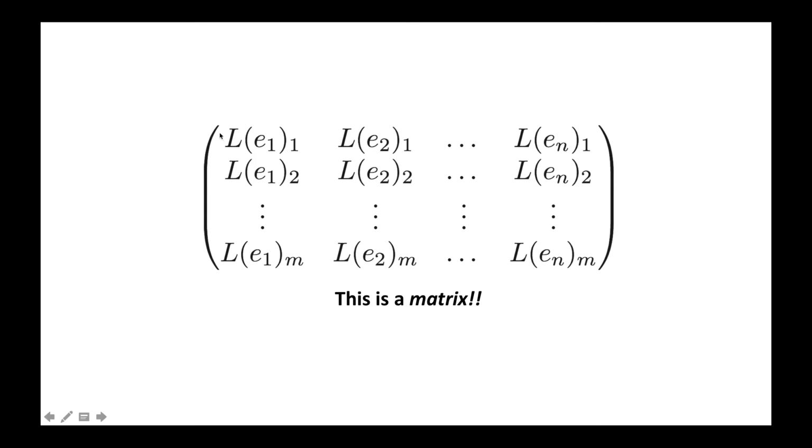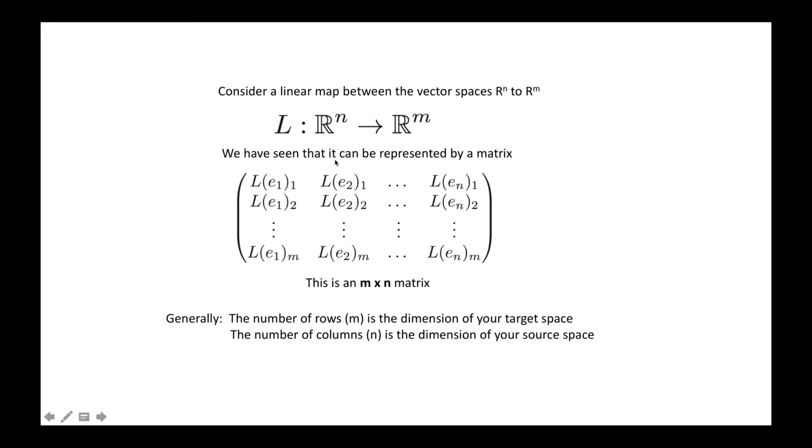So each element of a matrix is a component of one of the results of applying a linear map to a basis element. So consider a linear map between the vector spaces Rn and Rm. We denote it this way. The name of our function is L, and it takes in as input vectors in Rn, and it gives us vectors in Rm.